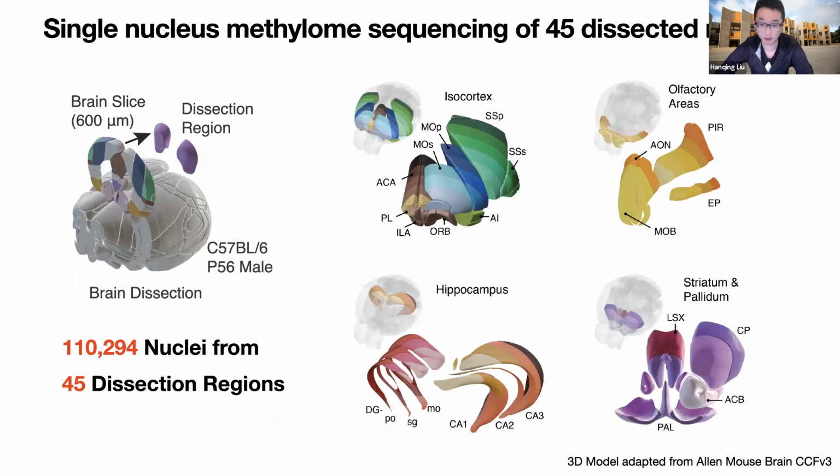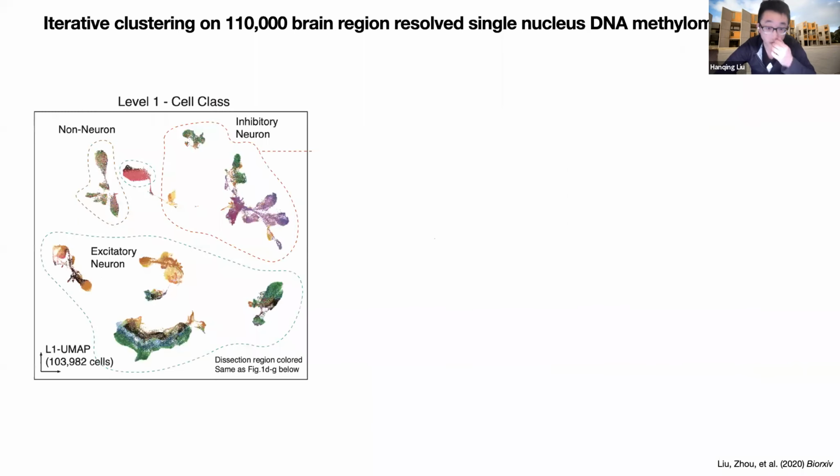So in the manuscript we currently released, we have more than 110,000 nuclei from 35 brain dissection regions. And here is basically an overview of where the cells were dissected from, covering almost half of the brain.